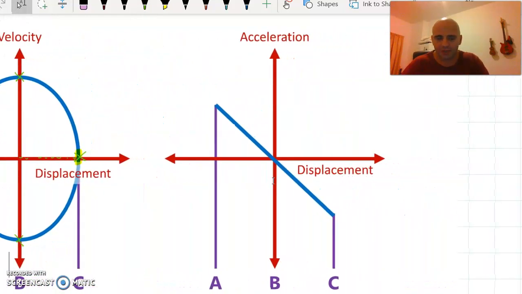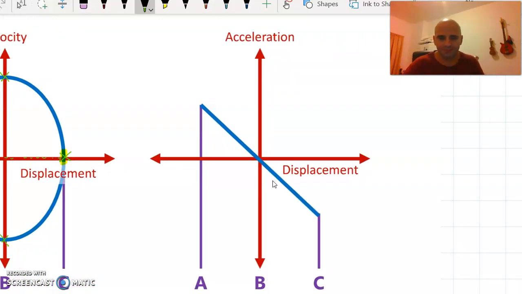If you think about it in terms of the acceleration, where the displacement is positive maximum, if I start from here, it doesn't really make a difference where I start from. When I start from positive maximum displacement, that means that the acceleration is negative maximum.